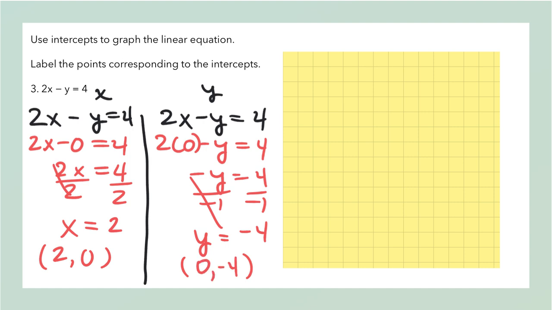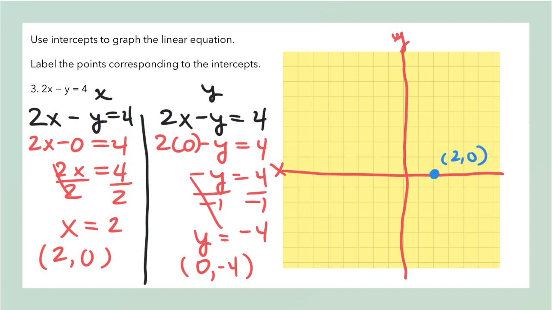So we're going to graph it so that we can see the intercepts. We're going to have 2, 0 over here, and 0, -4.